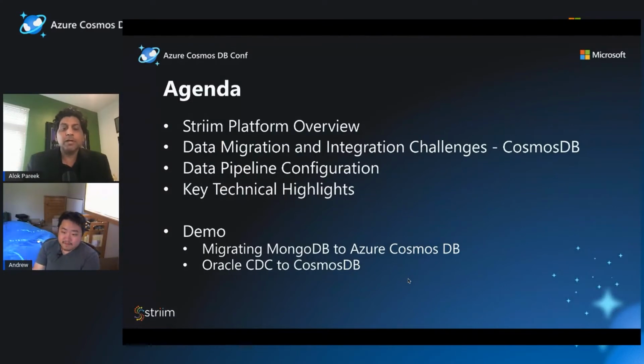And so in this session, in the next 30 minutes, I'm going to be talking about primarily the data movement and the data migration problem that was just touched on. I'm going to start off with a platform overview. So that's going to give you some idea about the feature functional capabilities of what can be achieved and how to set up the actual migration and the integration data pipelines.